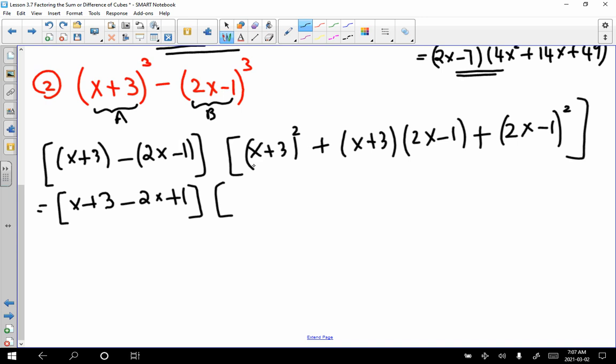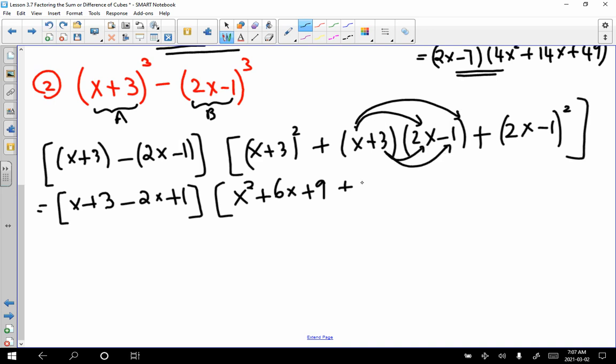So this is your x plus 3 squared, so it's going to be x squared plus 2ab, which is 2 times 3, 6x plus 9. And then this one you have to FOIL, so you have to multiply like that. Then 3 multiplies with that.